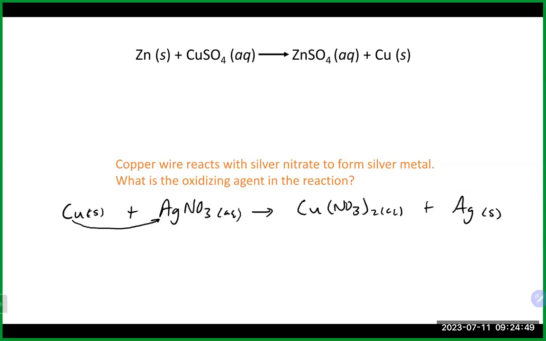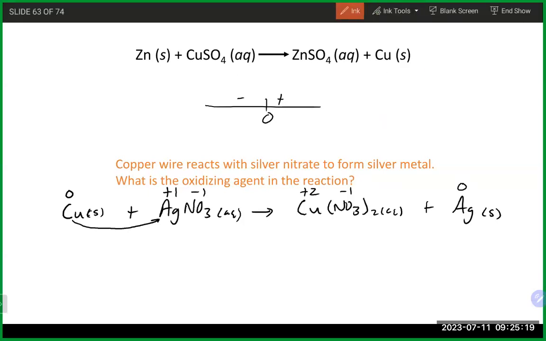Now, if we look at what is happening in this particular case, and we just do our little number line approach, copper on the left-hand side has a 0 oxidation state as it is by itself. The silver nitrate is ionic, which means silver is +1, nitrate is -1. The copper over here is copper 2, and our nitrate's -1. And again, the silver by itself will be 0. So anything that is by itself, not combined with any other element, will always have an oxidation number of 0.